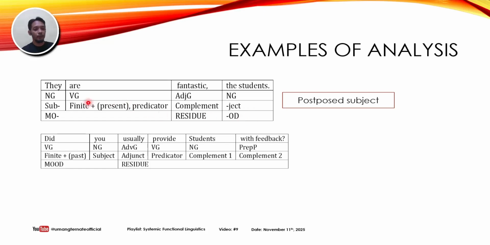Okay, so I want you to pay attention to how we write, how we label them. Mood like this, then a hyphen, and then the residue, beginning with a hyphen like this. Then the subject and finite.